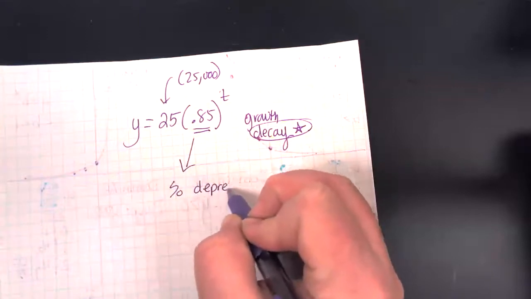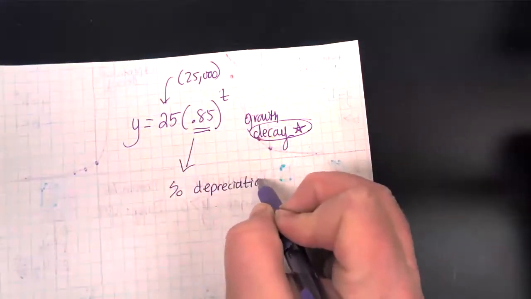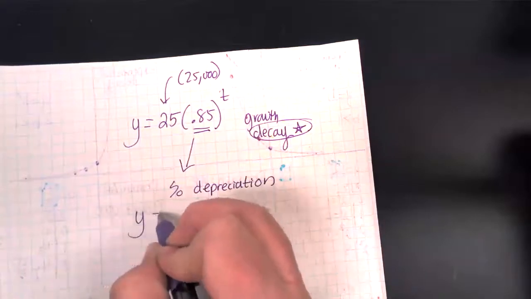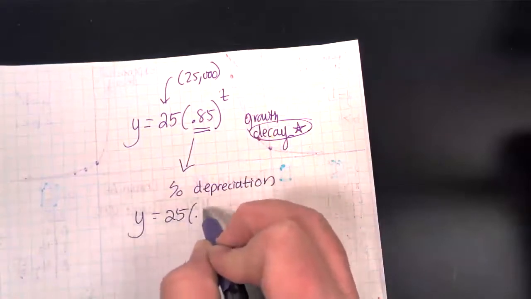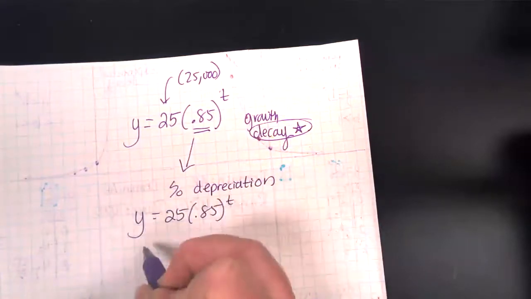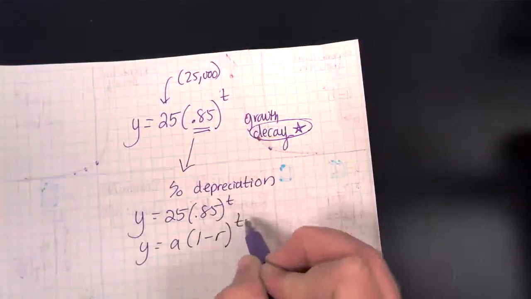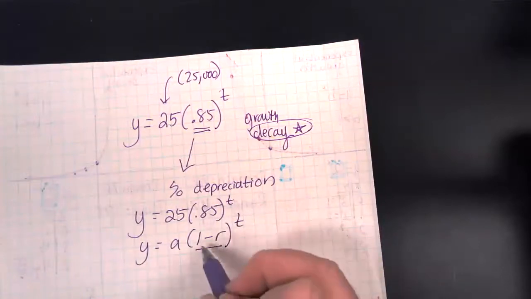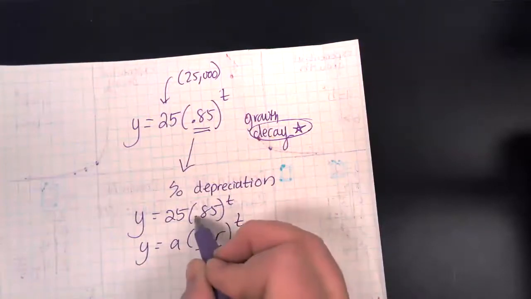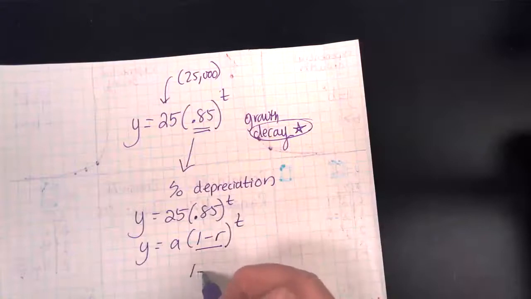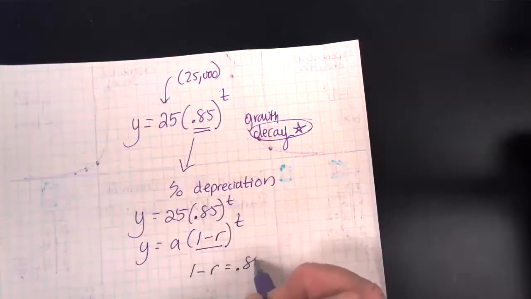Well, let's go back to the formula. I'm going to write what I have here, and then I'm going to write the formula underneath. All right. So 1 minus what gives you 0.85? 1 minus what gives you 0.85?